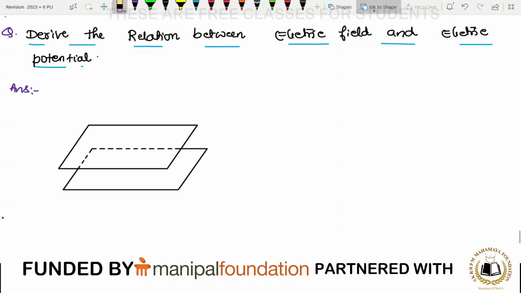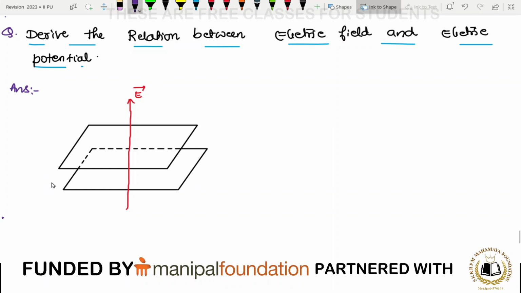And what is the direction of the electric field here? The direction of the electric field is straight, perpendicular to the sheet.